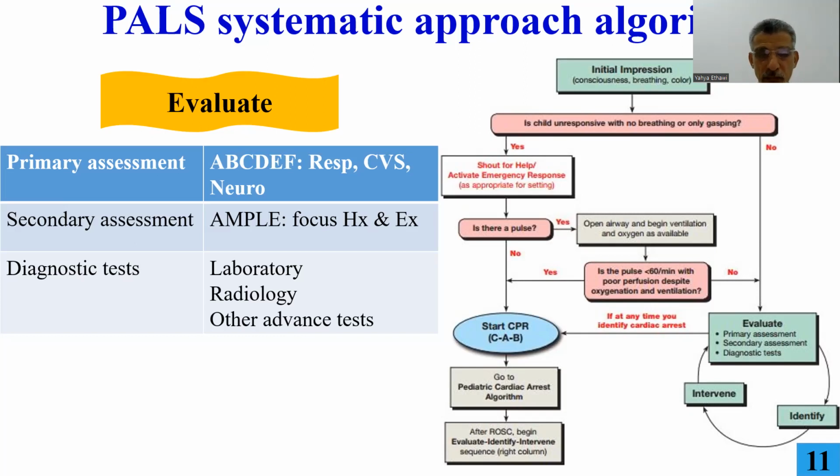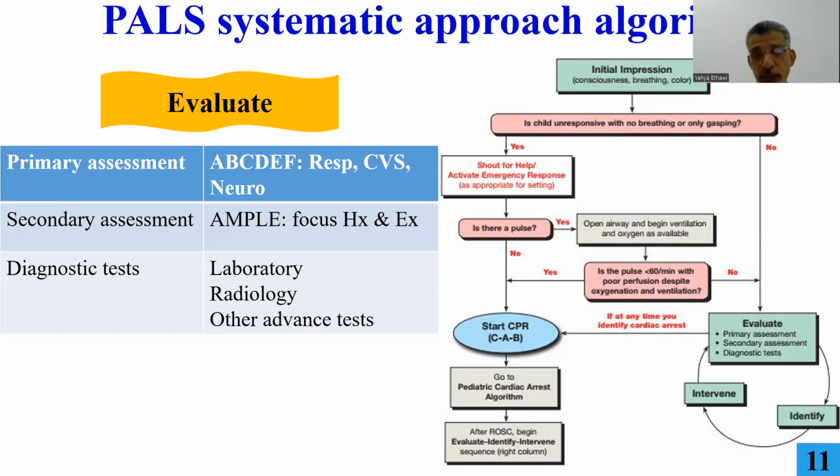So primary assessment also evaluates. How do we evaluate? We evaluate A, B, C, D, E, F of the respiratory system, cardiovascular, and neurology. Our secondary assessment is called AMPLE, which is focused history and examination, and we'll talk about it.